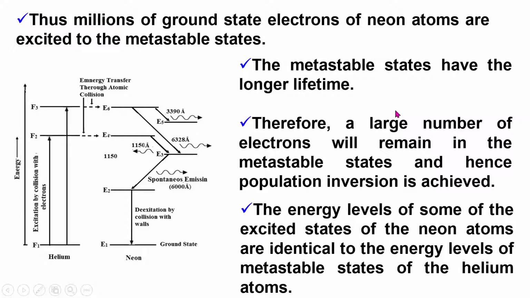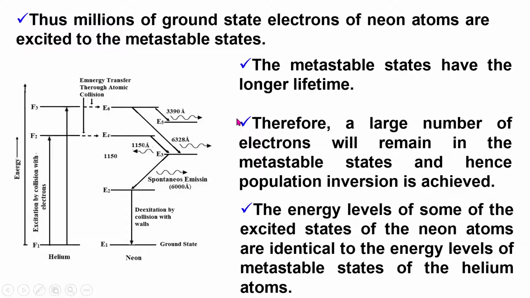We know that the metastable state has a longer lifetime and due to that the population inversion is achieved there. Therefore, a large number of electrons will remain in the metastable state and hence the population inversion will be achieved there.